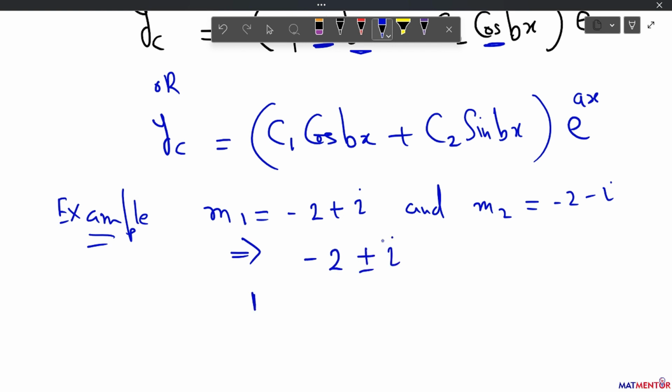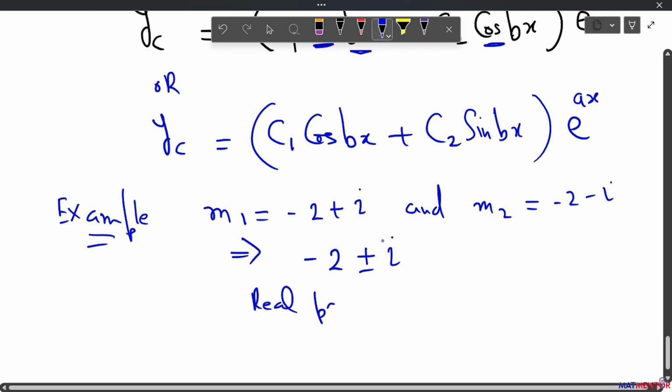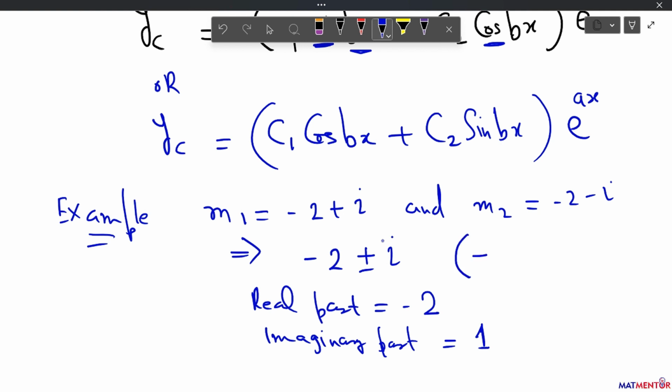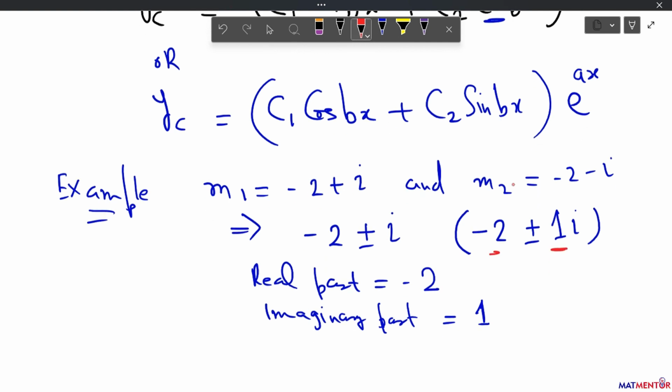Now, real part is minus 2, and imaginary part is 1. 1 means the coefficient of iota. Like I can write this expression as minus 2 plus minus 1 iota. So this 1 is my imaginary part and this minus 2 is my real part.